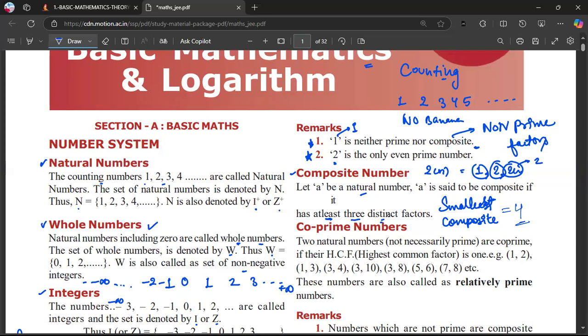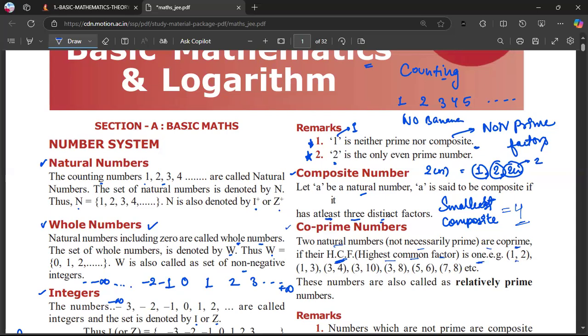So let's discuss co-prime numbers now. These are pairs of two natural numbers, not necessarily prime, that are co-prime if their HCF, highest common factor, is 1. Now, HCF means highest common factor.